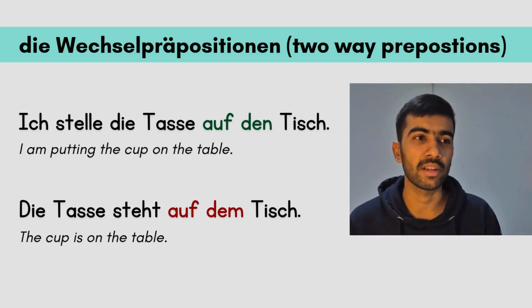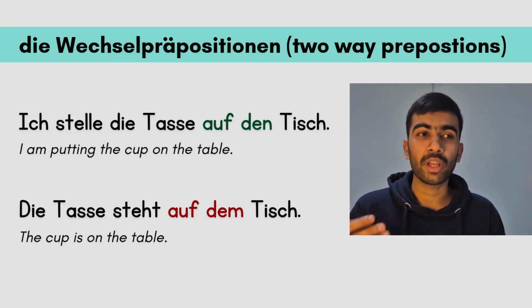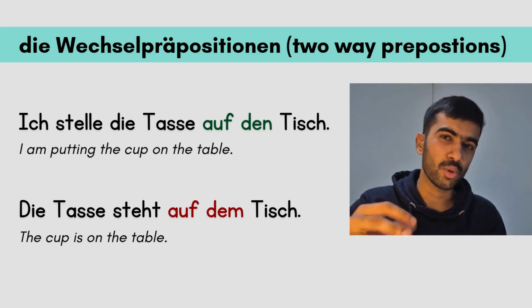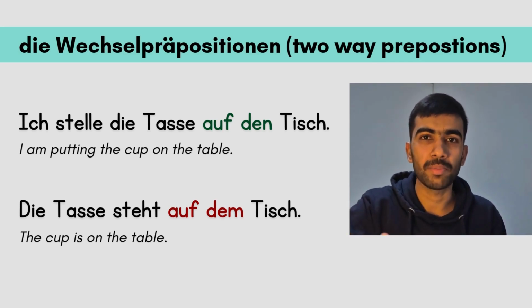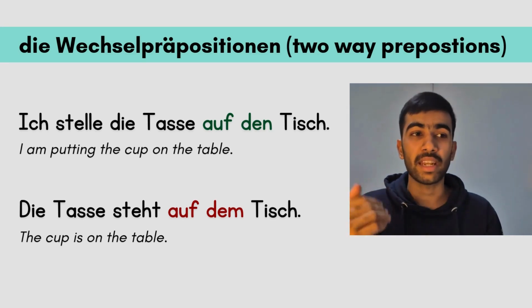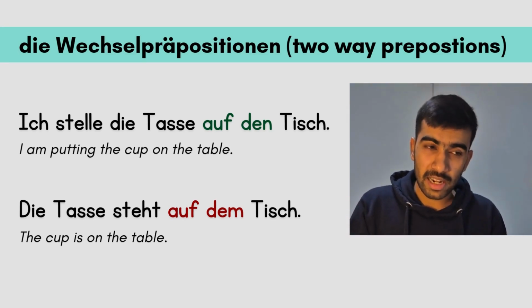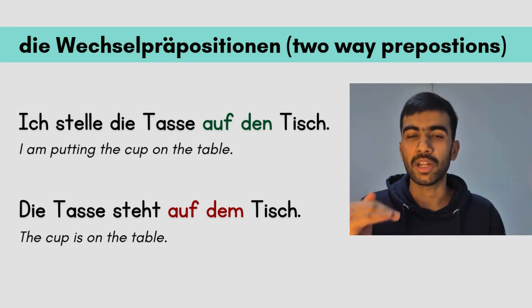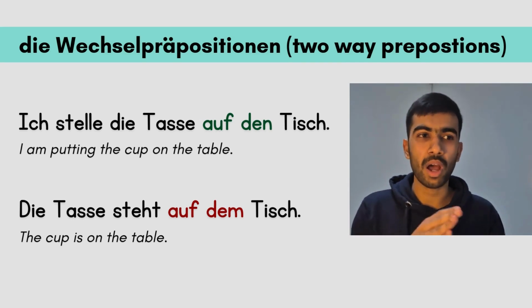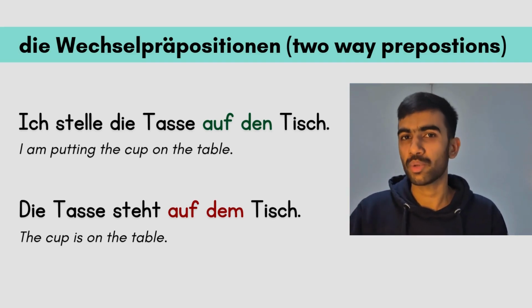You may have noticed that someone is putting the cup on the table. So there is an action taking place, or the cup is moving from position A to B. And the next sentence is indicating a position, the position of the cup. So it is in dative. So auf den Tisch, accusative, auf dem Tisch, dative.